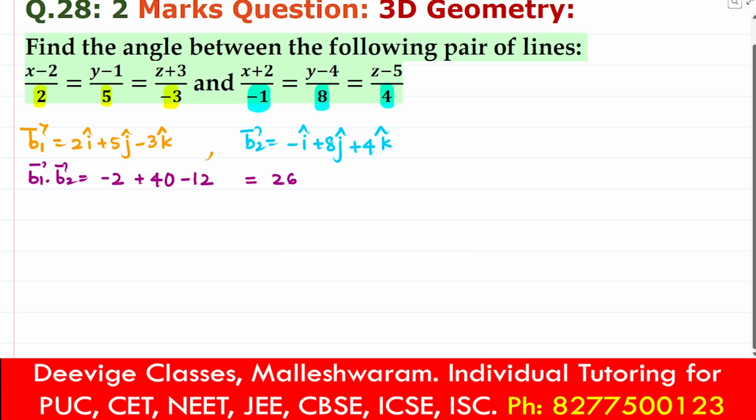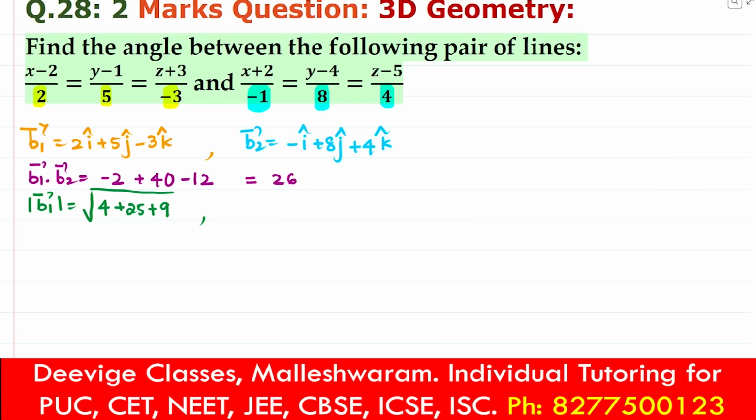Next, find the magnitude of b1 and b2. Magnitude of b1 is square root of 2 square is 4 plus 5 square is 25 plus minus 3 whole square is 9.